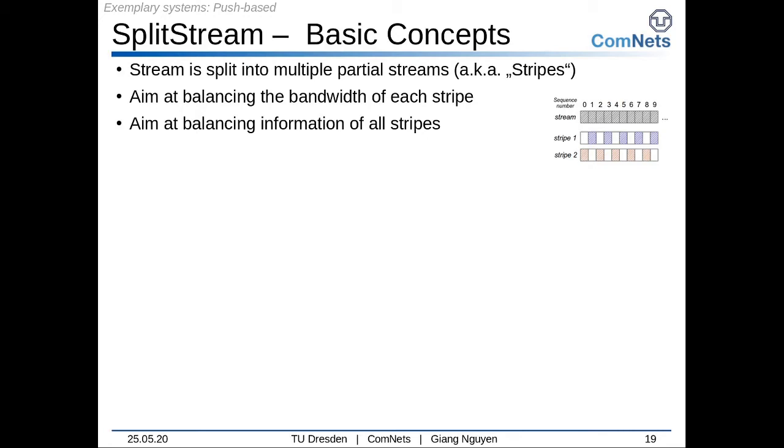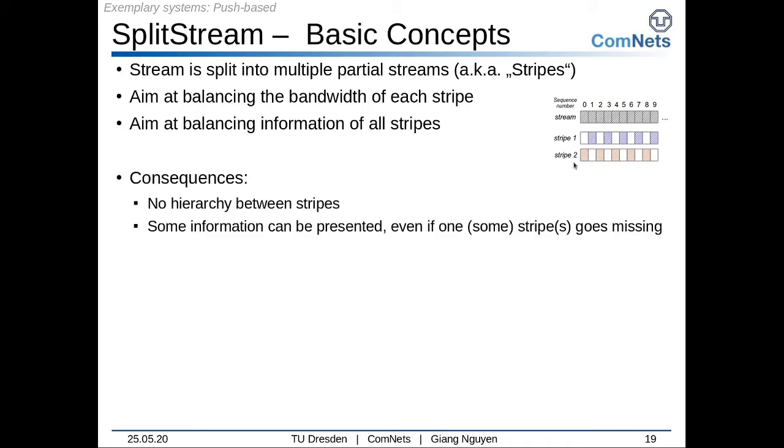Let's have a look at the right hand side. Here is the original video stream consisting of video packets numbered from 0 to 9, and stripe number 1 will consist of all the video packets with odd sequence number, and stripe number 2 consisting of packets with even sequence number.